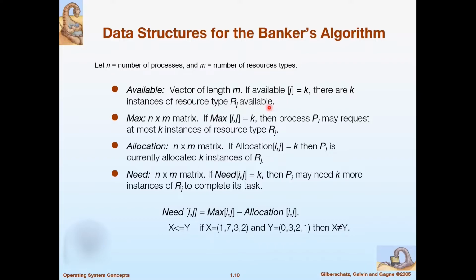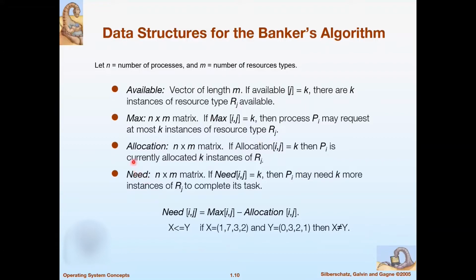Or also we can say that Available is a vector. And the second data structure is Max, which is a two-dimensional array, defines the maximum demands of each process. If Max[i][j] is equal to k, then process Pi may request at most k instances of resource type Rj.